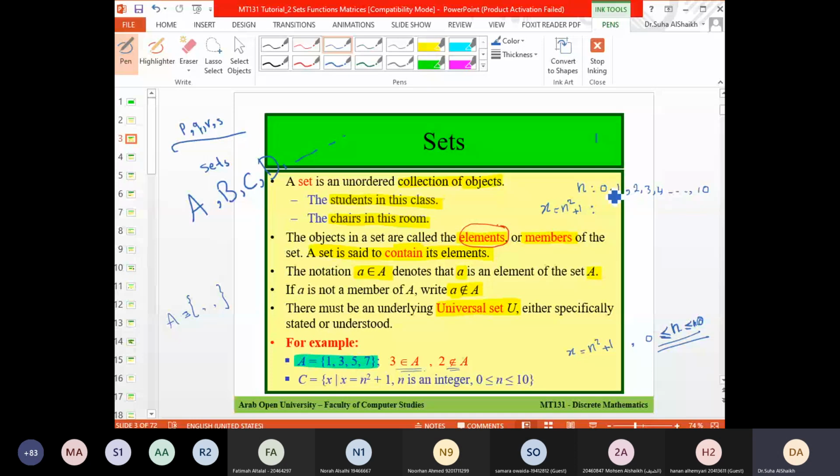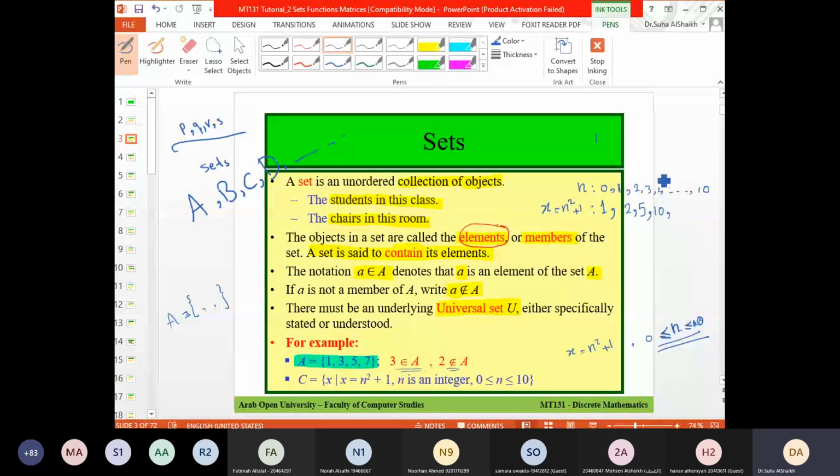Isn't this the n? So once we square 0, 0 plus 1, it will be 1. Square the 1, it's 1 plus 1, it's 2. Square the 2, it's 4 plus 1, this will be 5. Square the 3, it's 9 plus 1, it's 10.